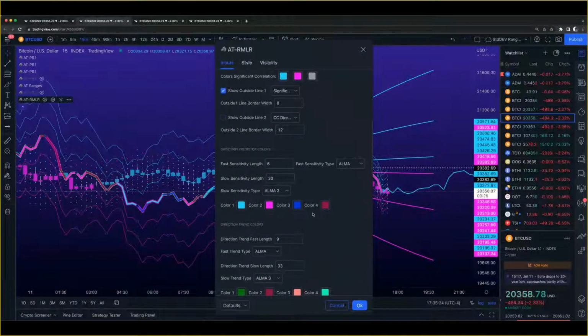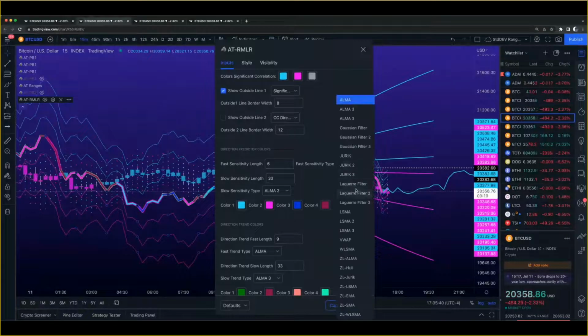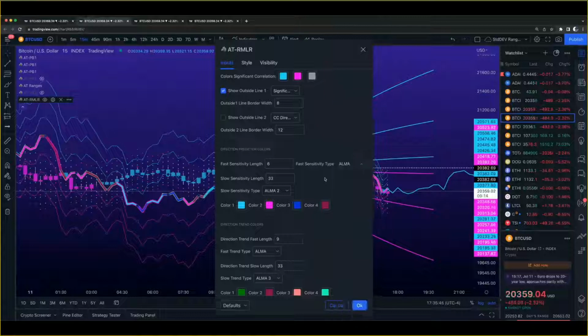There we go. You got the fast sensitivity length, slow sensitivity length, and then a lot of different options to choose from. And I like Alma because it finishes off price with a normal distribution. Me and MJ are still going over that for sure.